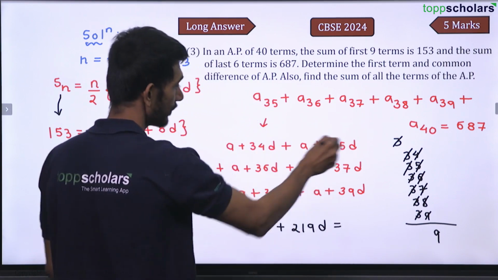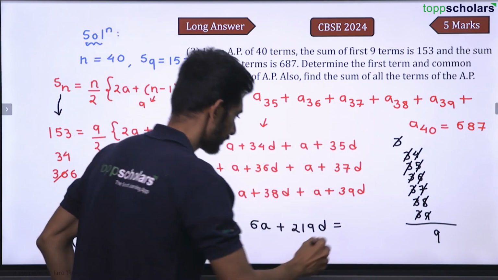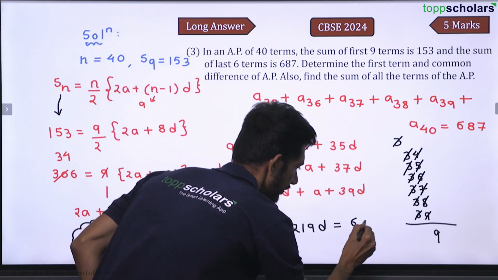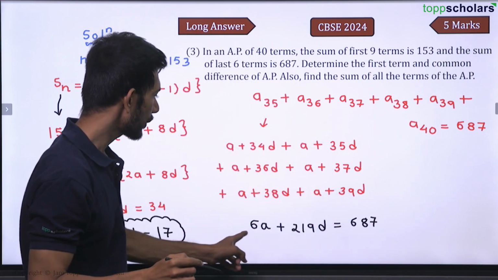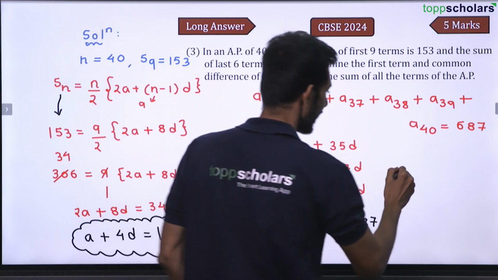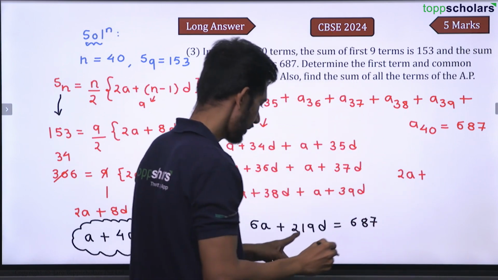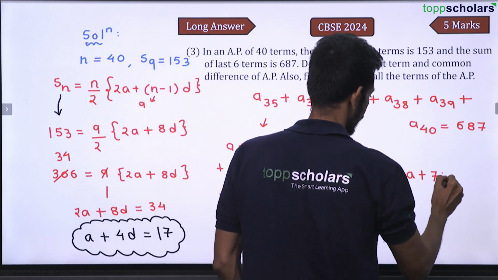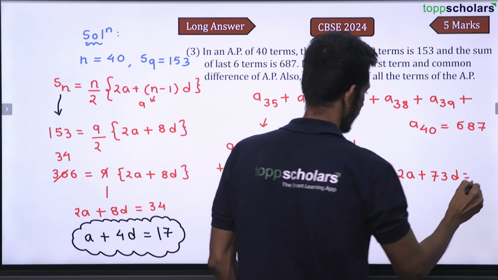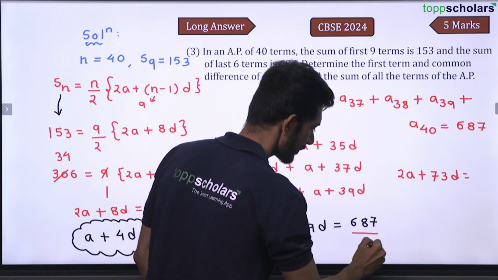That is equal to, further, the addition of this is already given, 687. Don't miss out on that. Now if you solve this further, you can divide by 3. You get 2a plus, you can divide this by 3, so 73d is equal to 687 divided by 3.